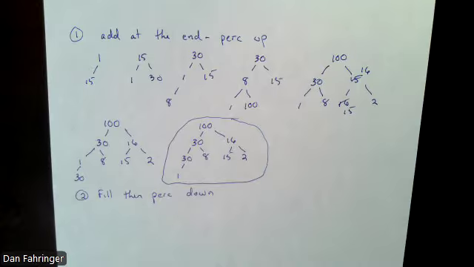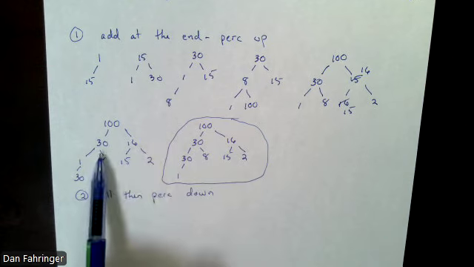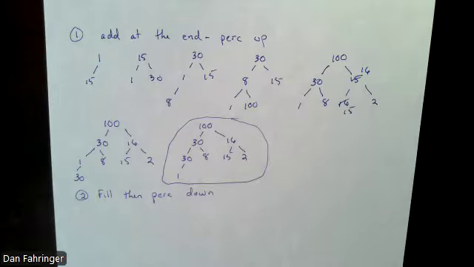I only need to swap if the one above is less than the one I'm looking at. I don't need to bring in the equals part of it. Add at the end and percolate up.